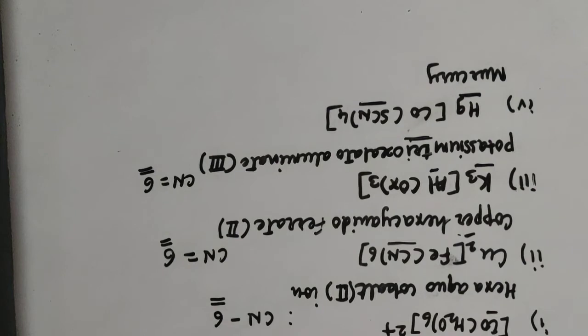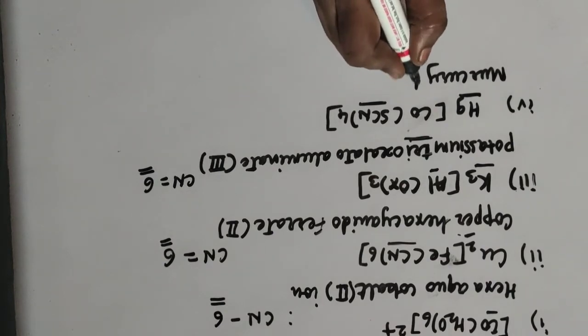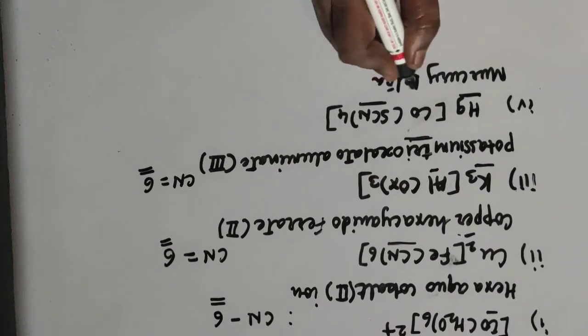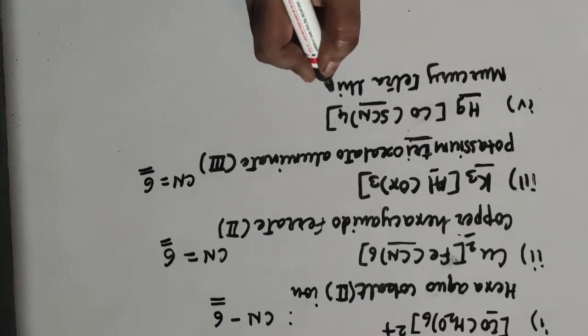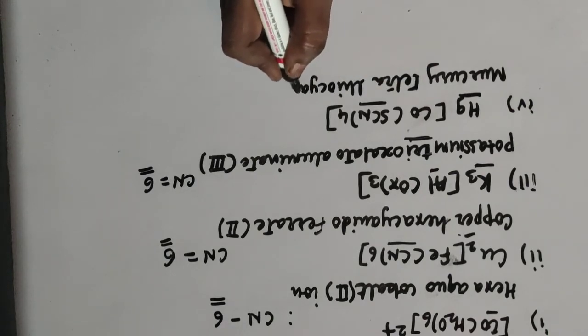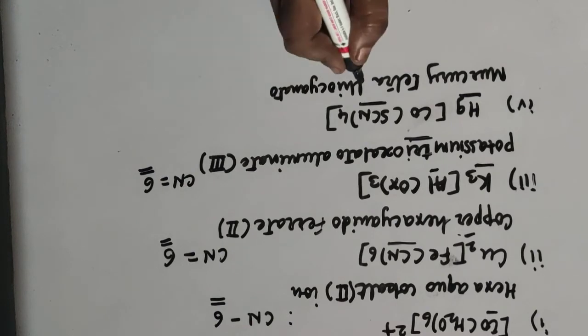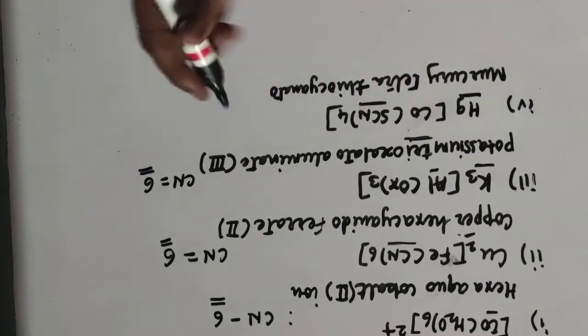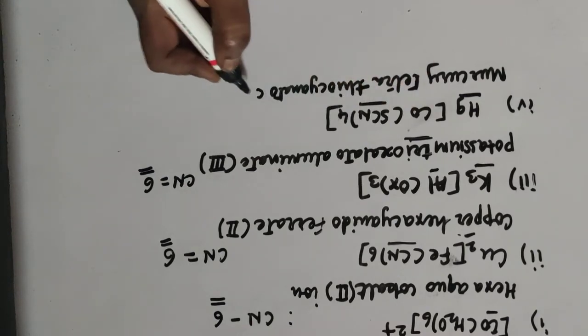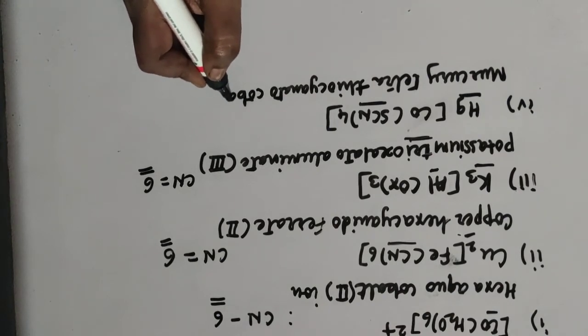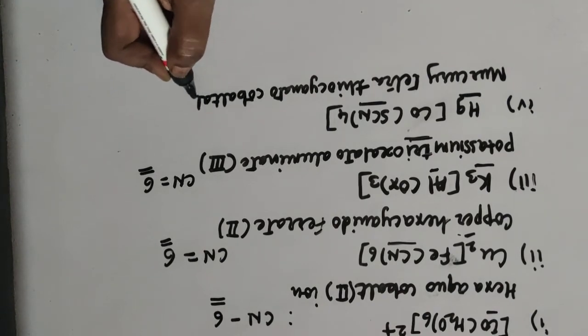You are supposed to change ate to ato, so this is thiocyanato, and 4 SCN groups are there, so it is tetra thiocyanato. Then, as it is a negatively charged complex, it is cobaltate.